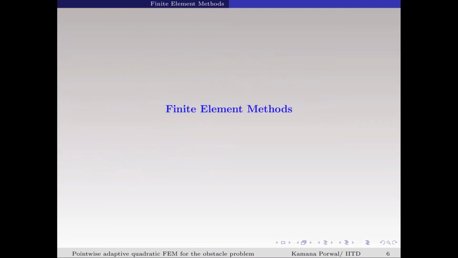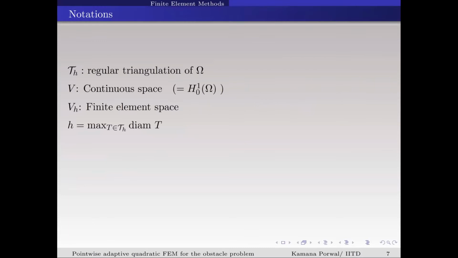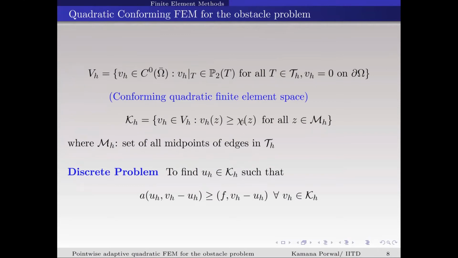Coming on to the finite element methods, let me first introduce some notations. T_H denotes the regular triangulation of the domain Ω, and we denote the continuous space by V, which is the space H^1_0(Ω) in our case, and we denote the discrete space by V_H. Note that we are concerned with the conforming finite element method, so the discrete space V_H is going to be a subspace of the continuous space V. In particular, we are interested in the quadratic finite element method.